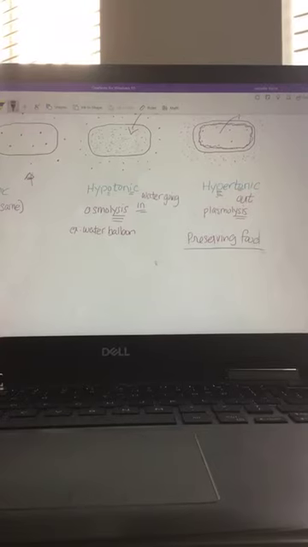So that is a great example, like salted fish, or making honey, or jam, making strawberry preserves or apricot preserves. Those are examples of preserving food using a high concentration of salt or a high concentration of sugar.